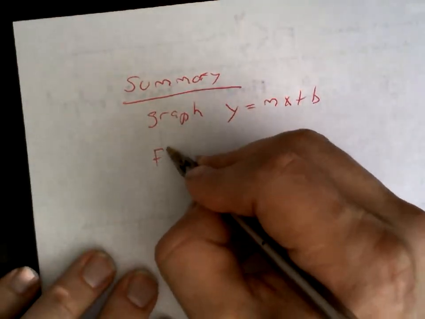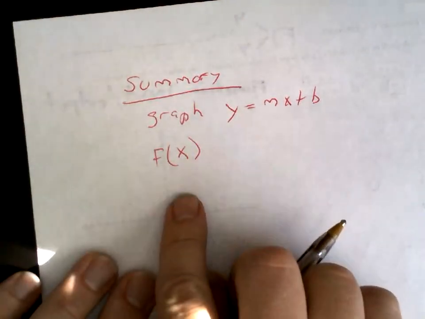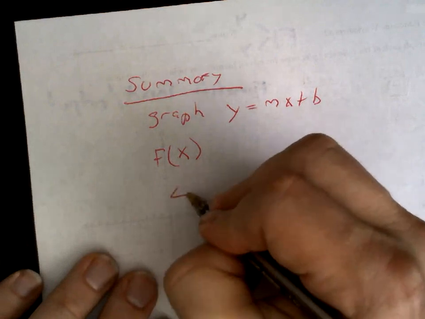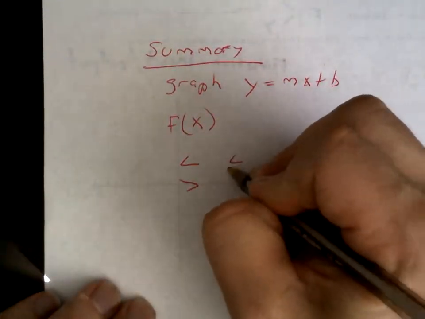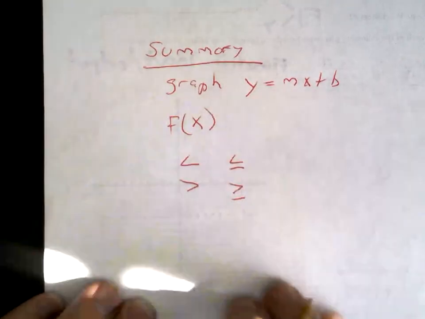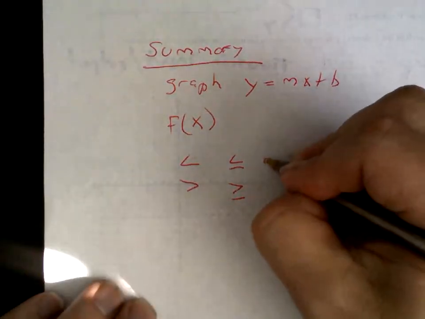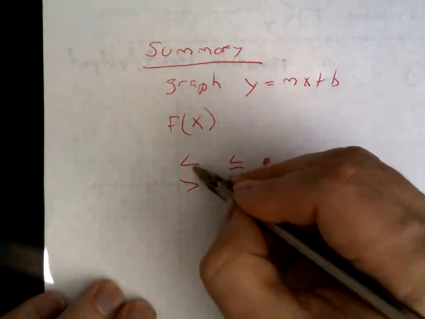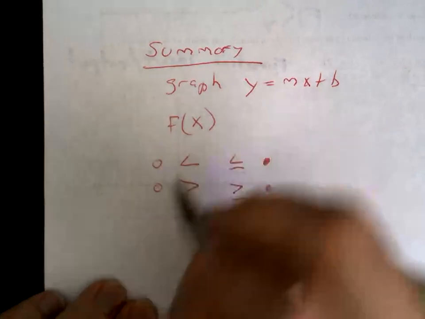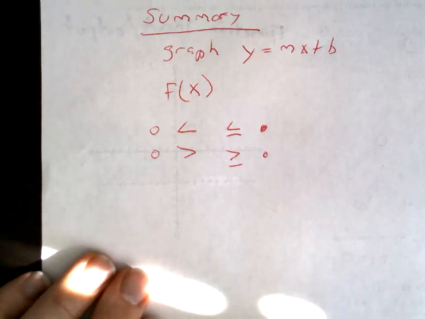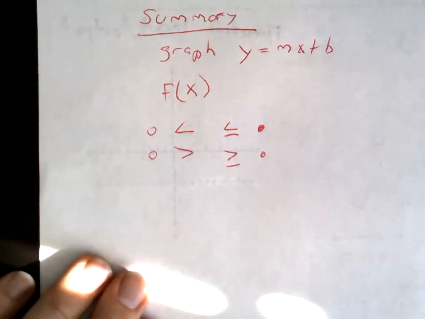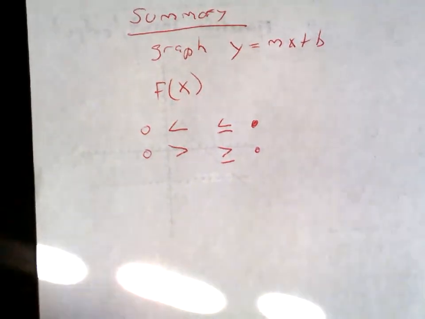You got to know what a function is. You got to know your less than's or greater than's, and if they have an equal sign. Remember, if they have an equal sign, you can get there. If it doesn't have an equal sign, you can't get there. And you got to know your restrictions. So that's pretty much it. I mean, it's really not that bad. You just really need to know your graphs.